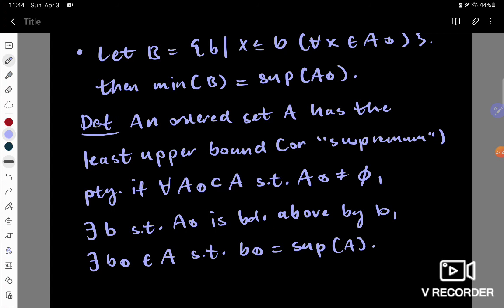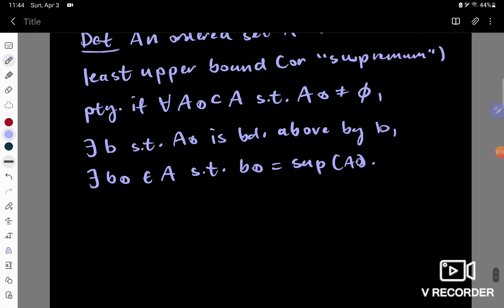So these are the two prerequisites. If you have a subset that is non-empty and there exists an element b that bounds it above in A, then there exists an element b naught, which is maybe or maybe not equal to b, that is the supremum of A naught.